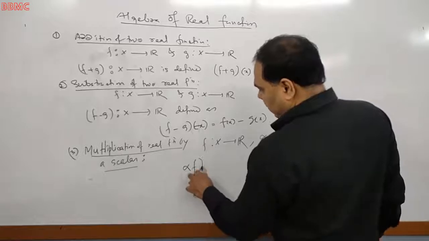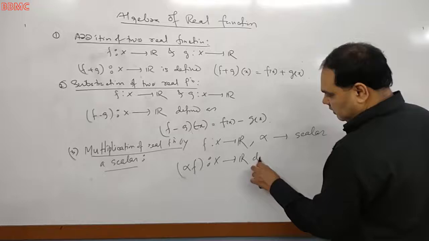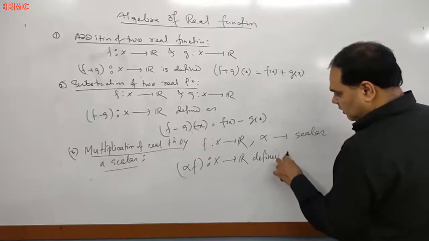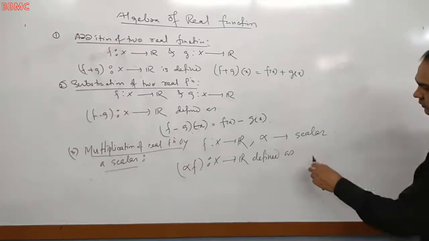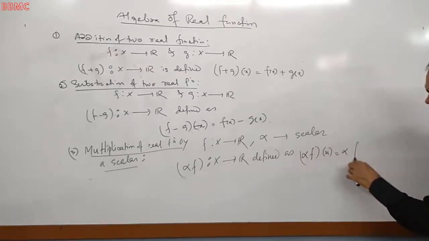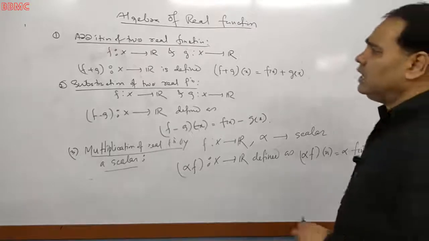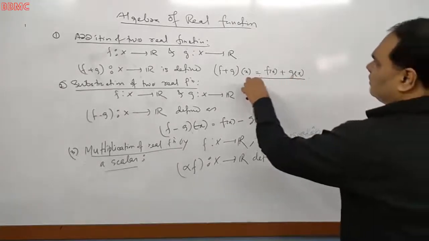Then alpha f, a function from X to R, is defined as (alpha f)(x) is equal to alpha times f(x). So you have to remember this one.